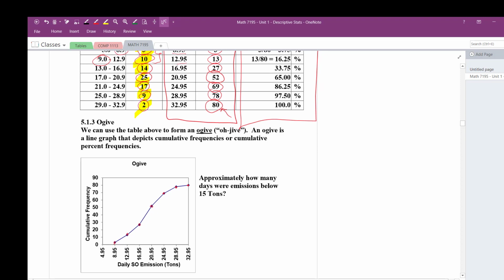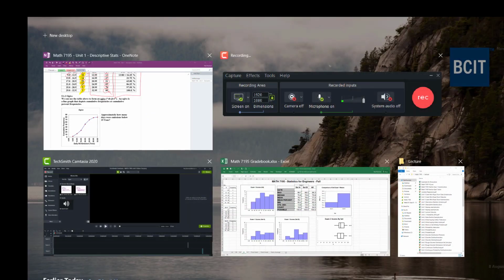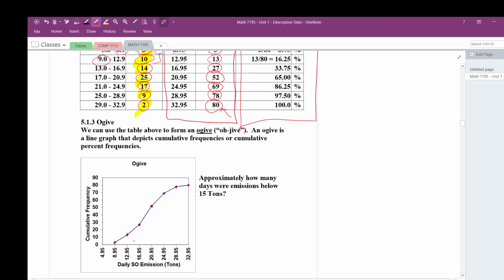It's nice if you're asking questions like, how many days were emissions below 15 tons? Well, I can go to my plot and even do a little interpolation. I can find 15 here.